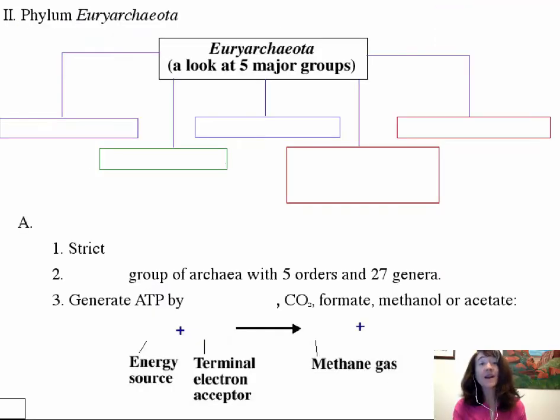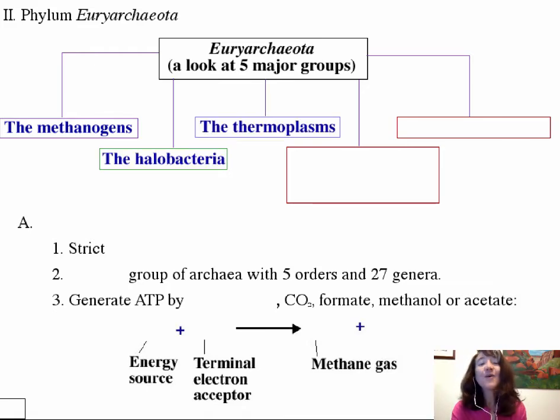The phylum Crenarchaeota is pretty small compared to the phylum Euryarchaeota. And we're going to dissect this phylum just a little bit, taking a look at some sweet membership. We are going to begin with the methanogens that, of course, make methane gas, you guessed it. Colorless, odorless, flammable, totally flammable. We're going to look at the halobacteria, salt lovers.